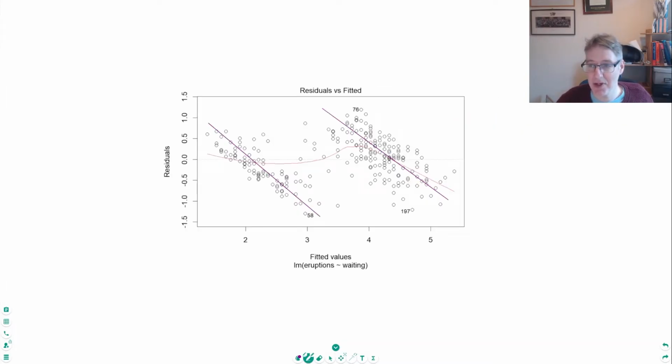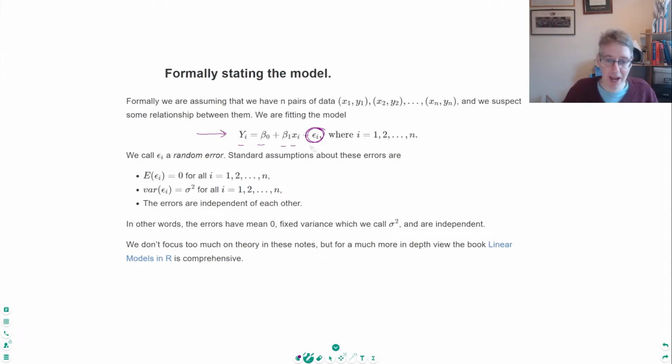So these are the assumptions of our model, that our points are on our straight line plus this epsilon i, which determines how far away we are from the straight line.